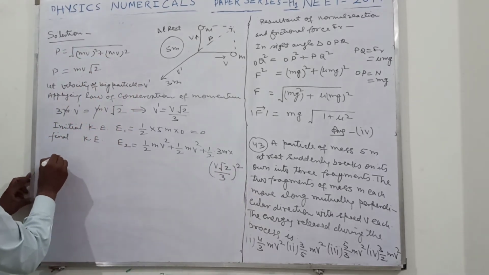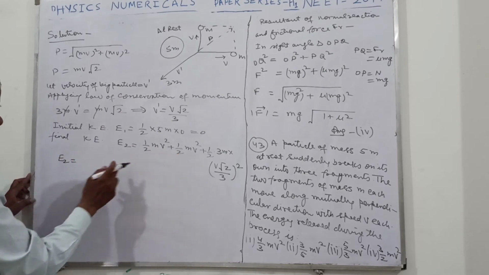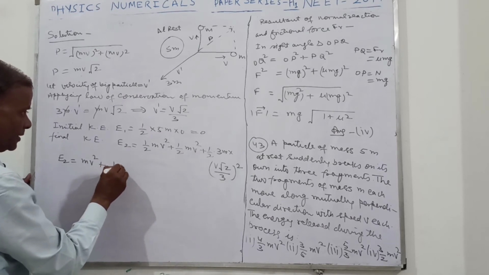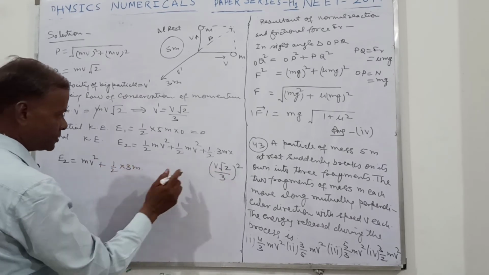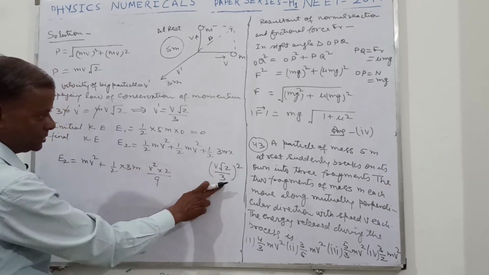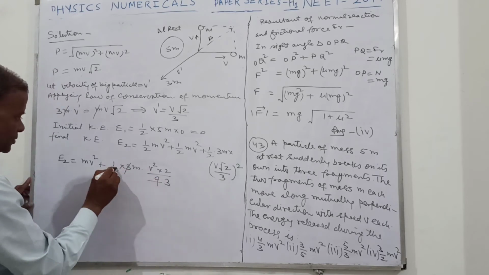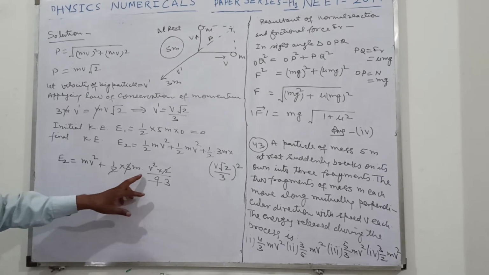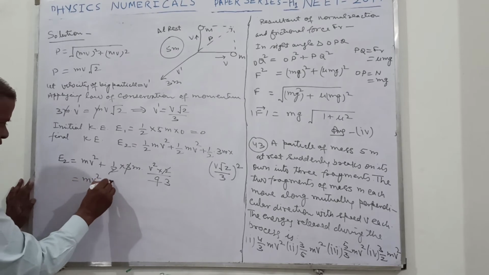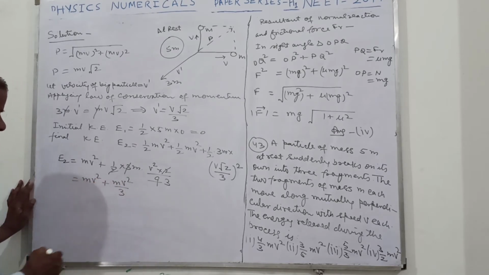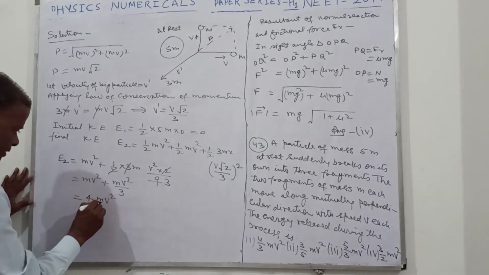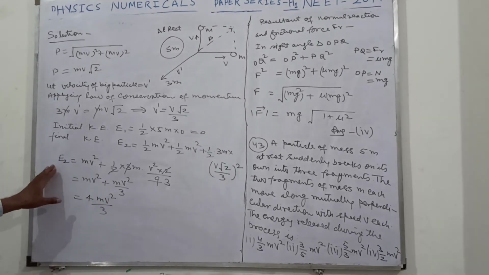So now E2 equals half mv square plus half mv square, which is mv square, plus 1 by 2 into 3m into v square into 2 upon 9. The 3 cancels, and the 2 and 2 cancel, so this is mv square upon 3. So what is left: mv square plus mv square upon 3, which equals 4mv square upon 3. This is the final energy.